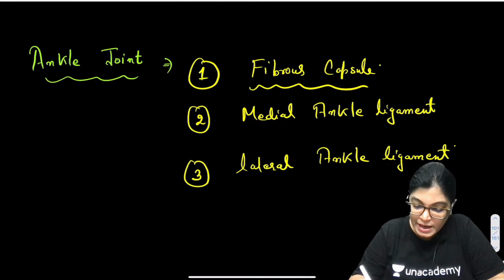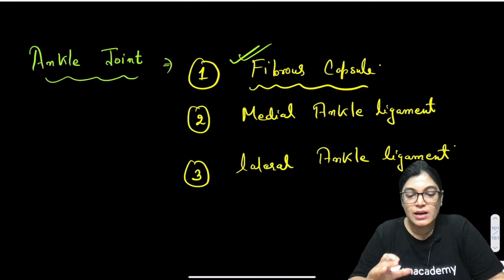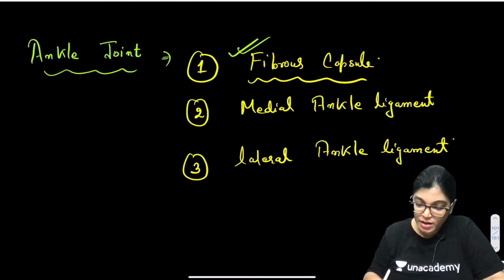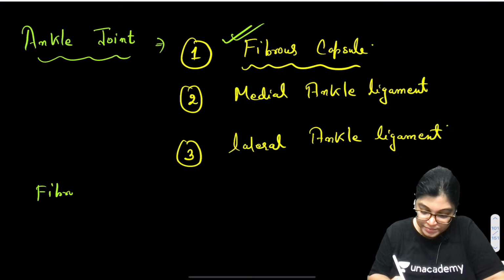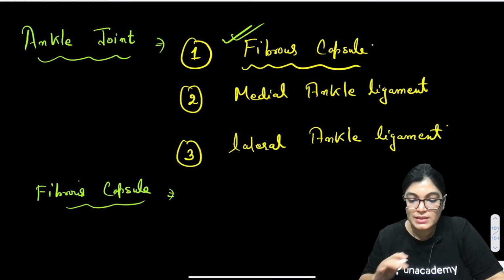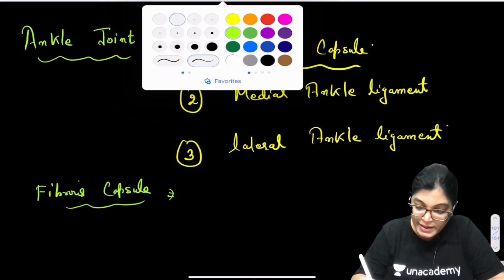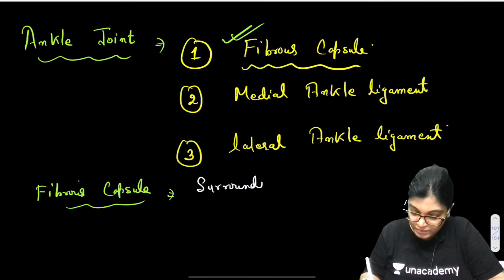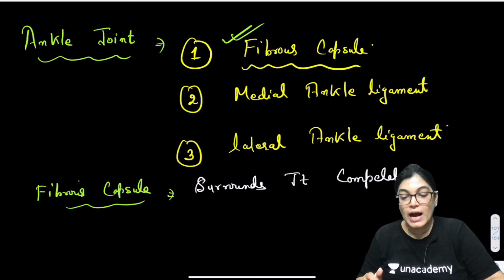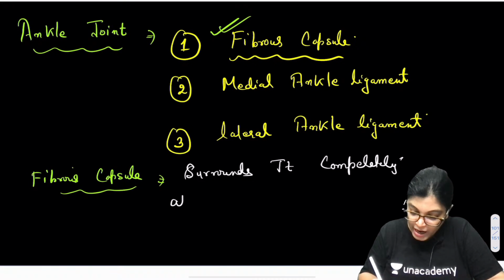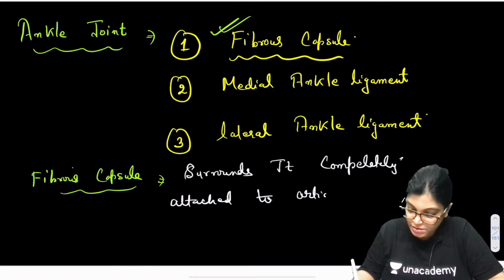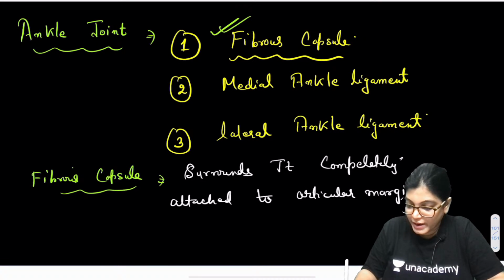The fibrous capsule of the ankle joint surrounds the joint completely, and it is attached to the articular margins of the joint. Please write this down.